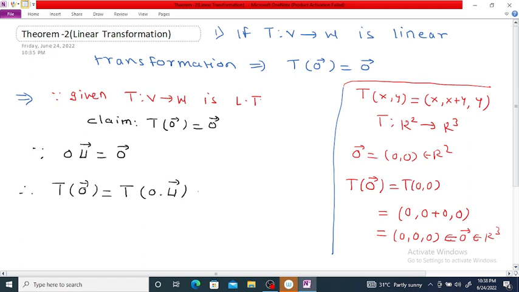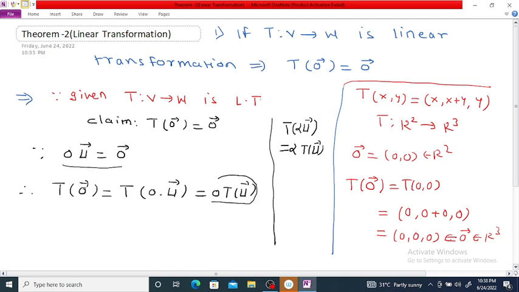Since 0 is a scalar and T is a linear transformation, T of alpha u bar is equal to alpha times T of u bar. So we can take this 0 outside, giving 0 times T of u bar, but again 0 into u bar is 0 bar. Therefore T of 0 bar is equal to 0 bar.